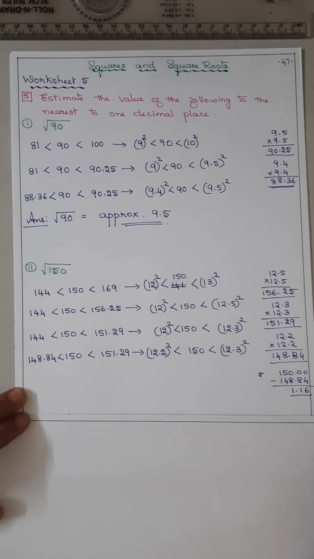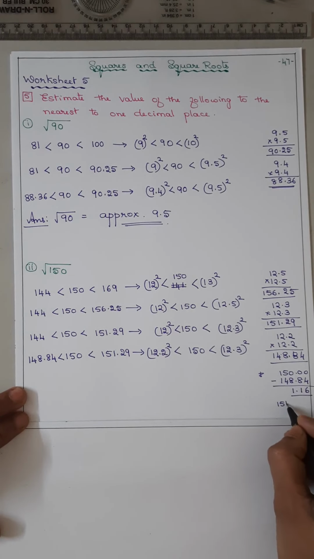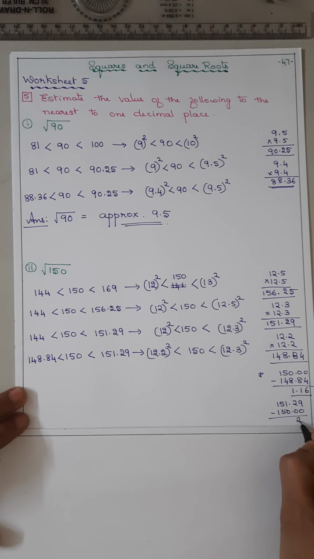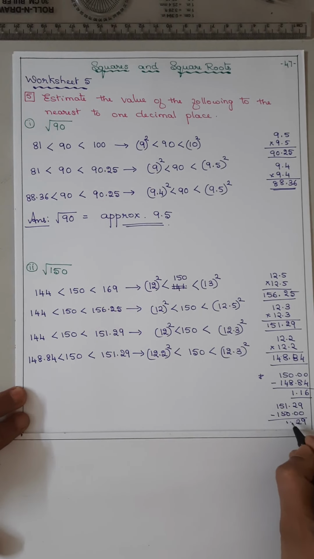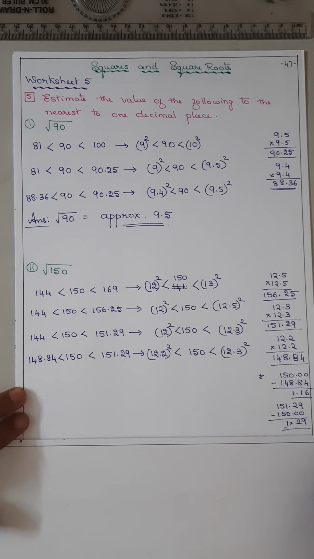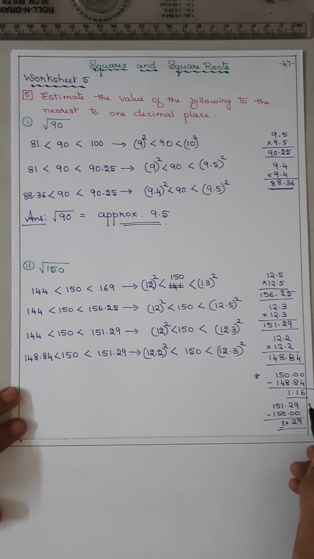So you got 1.16. और इसके बीच में 151.29 minus 150 करेंगे तो it is 1.29 है. So which is where the difference is less? Here. Yes or no? Difference कहाँ कम आया?